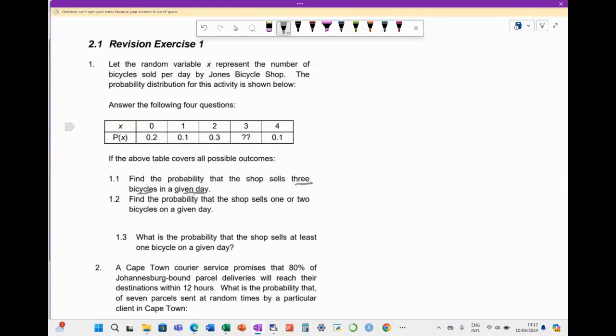Here we don't need to use the Z table. Think about it. The above table covers all possible outcomes. So we know all possible outcomes equals 1.